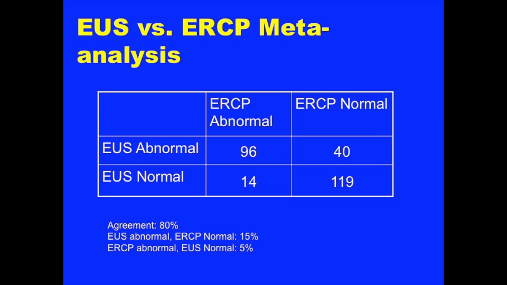There will be times when one test is normal and the other one is not, and then again, we have to argue about which is the gold standard. In terms of combined tests, the overall agreement is about the same as ERCP, which is around 88%. There will be times when one of these is out of sync.